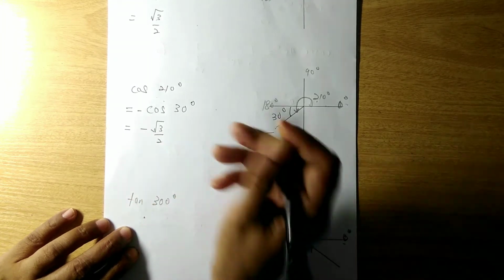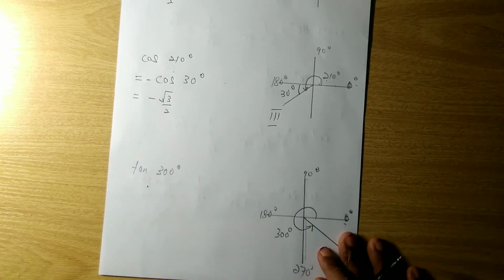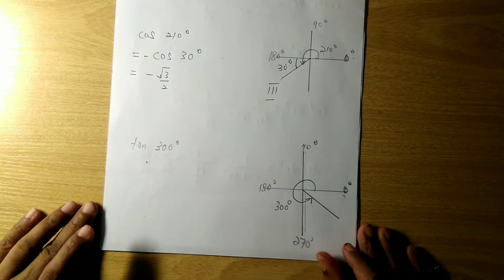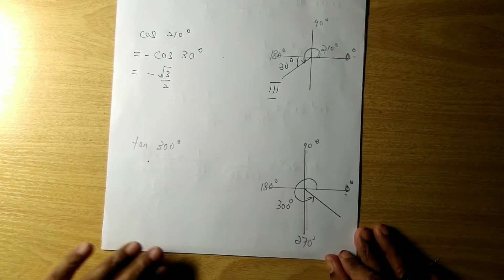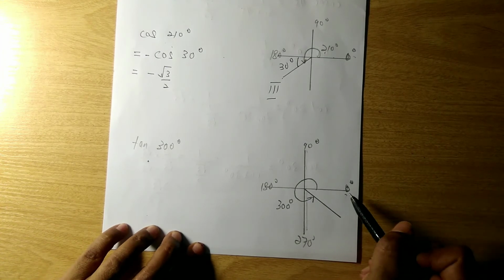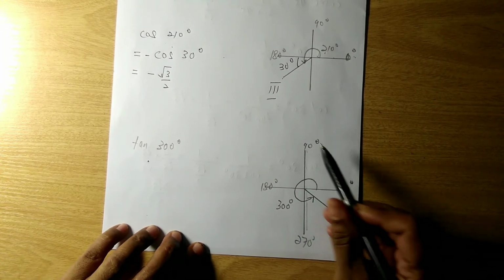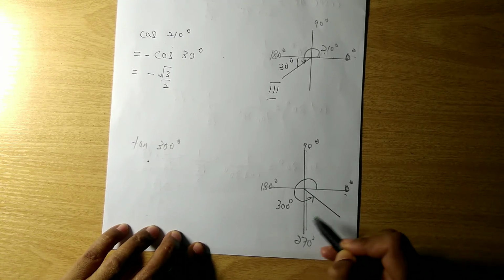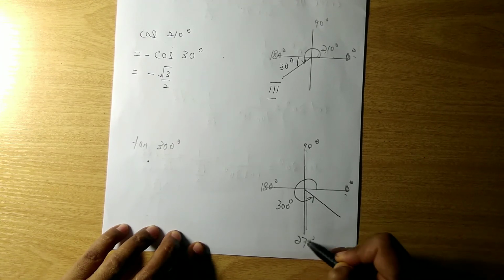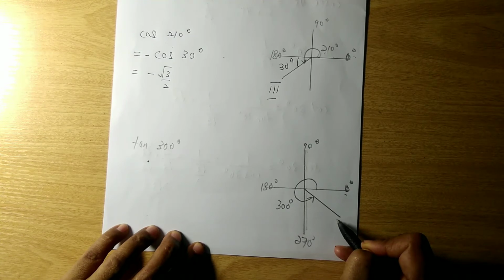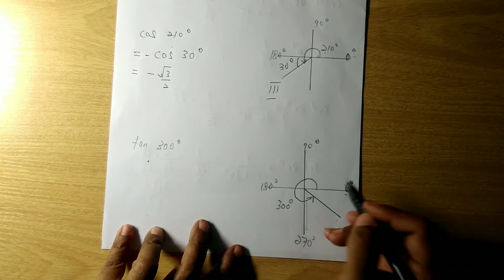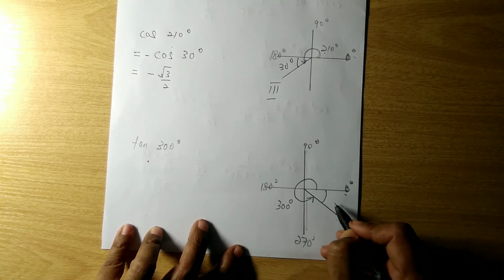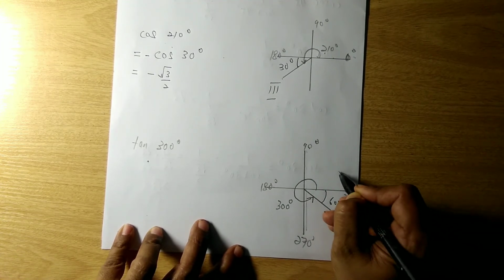Okay, next one, let's say we go for tangent 300. Tangent 300 degrees, again, if you were to draw 0, 90, 180, 270. So 300 is a little bit more than 270. Alright, so what you'll actually get here is this angle, the reference angle, which is actually 60. So this is actually 360 degrees minus your 300, so you'll actually get 60 degrees here.